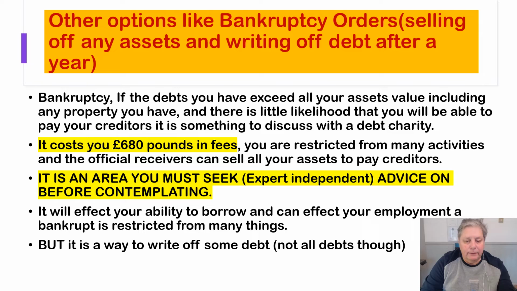If the debts you have exceed all your assets value, including any property you have, and there is little likelihood that you're going to be able to pay your creditors, it's something you should discuss with a debt charity. It costs £680 in fees.